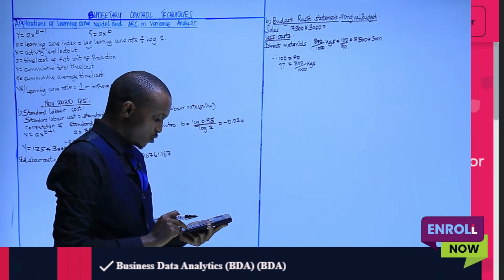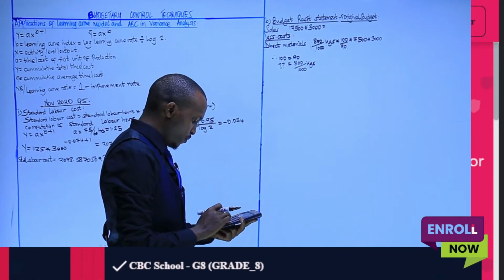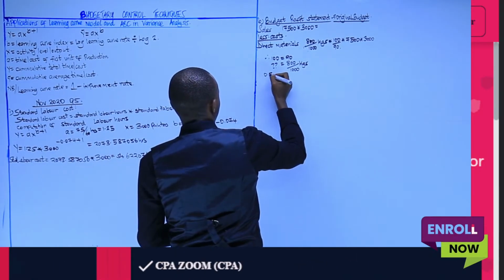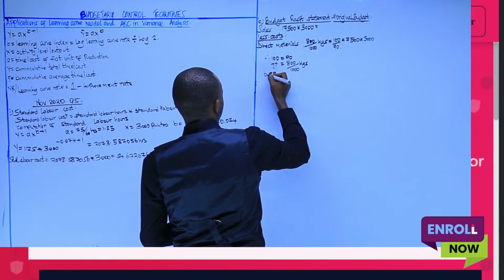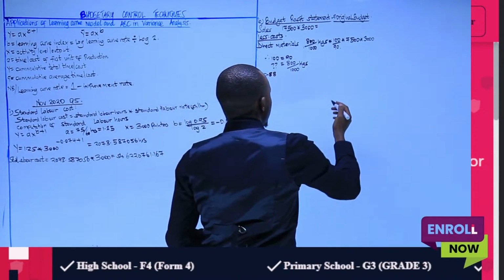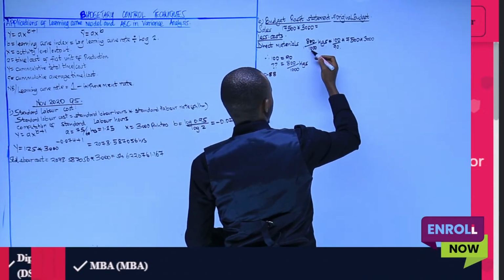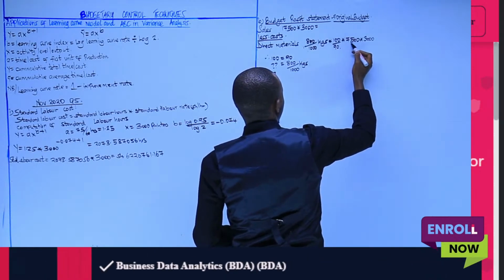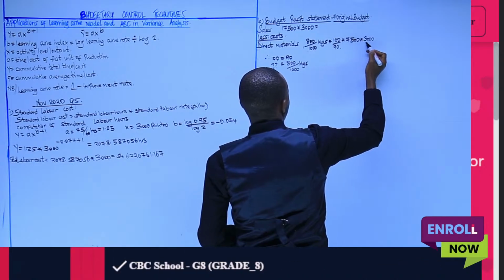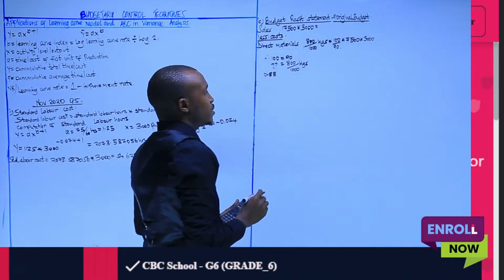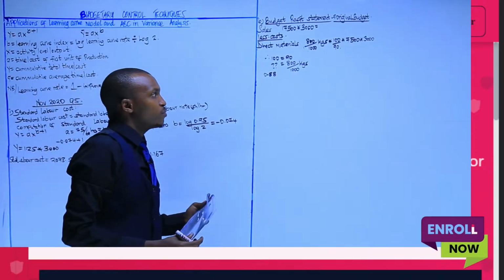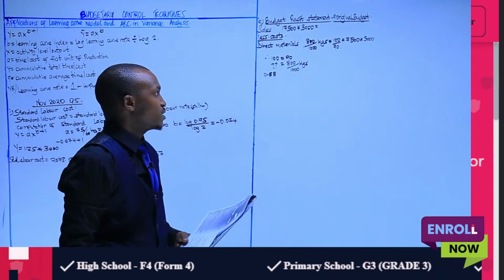You expect 0.88. So this 0.88, which is now this working, you multiply by the price per kg, then times 3,000 printers. That is your material cost. I hope that is very clear why we've worked at it that way.